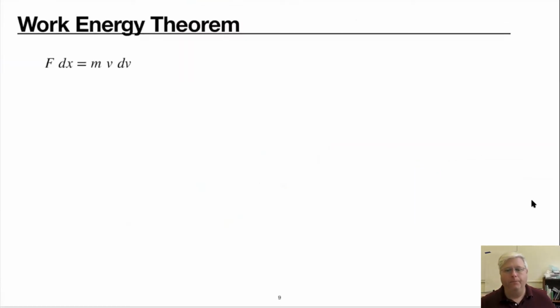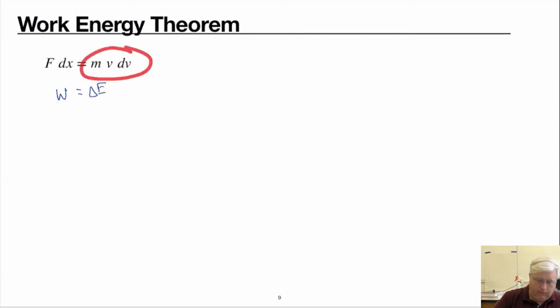All right. We looked at the first side here, the F dx, which is the term for work. And we saw earlier that work is just the change in energy. So that means this other side, the m v dv, must be the change in energy.